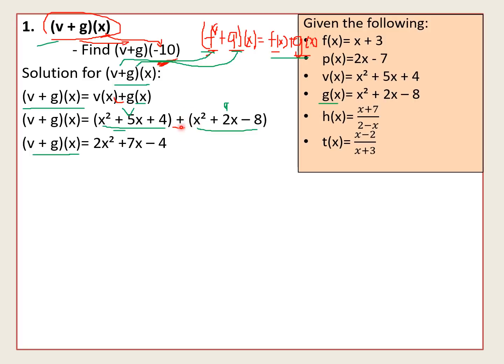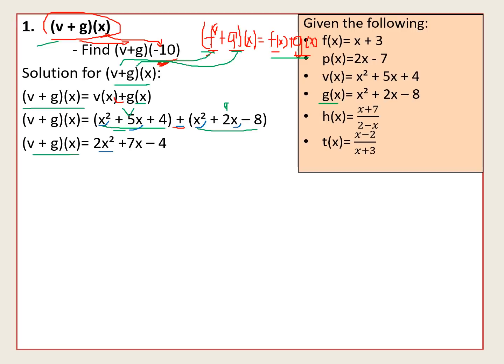We have to combine. Okay? We have to perform the operation na. So, x squared plus x squared, it would be 2x squared, right? Next, ano pa yung similar term? 5x and 2x.